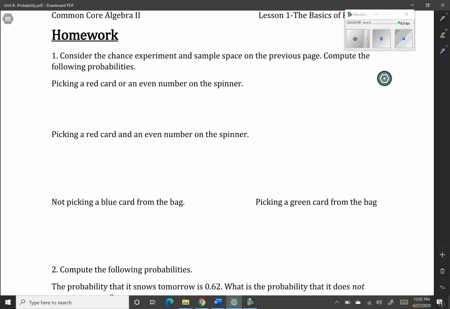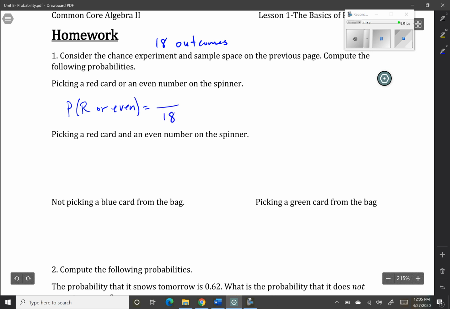All right, so in the homework, it says consider the chance experiment on the sample space on the previous page, compute the following outcomes. So we're using this card. There's 18 outcomes here. It says picking a red card or an even number on the spinner. So the probability of red or even. Out of 18 outcomes, how many of them are red or even?